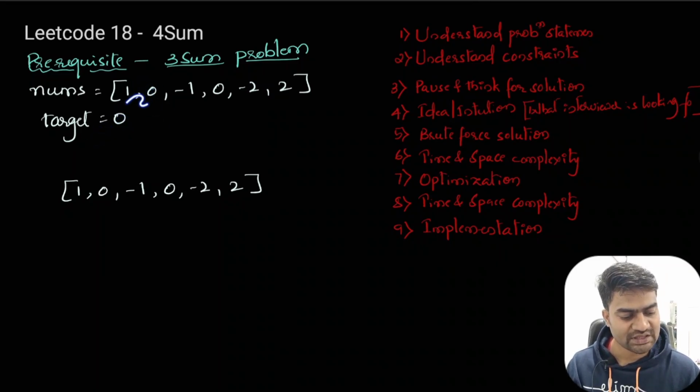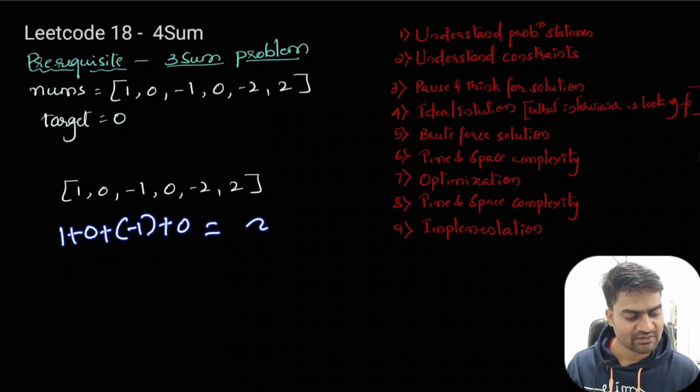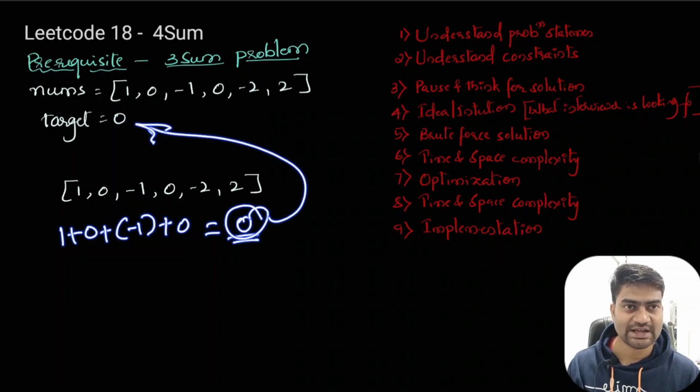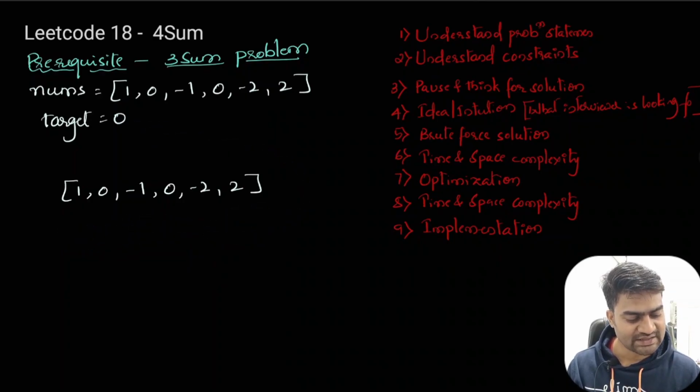Now if you see 1, 0, minus 1, 0, if we sum it up, 1 plus 0 plus minus 1 plus 0 will give us 0. So this 0 is equivalent to our target, correct? So if that is the case, this becomes one of our quadruplets.